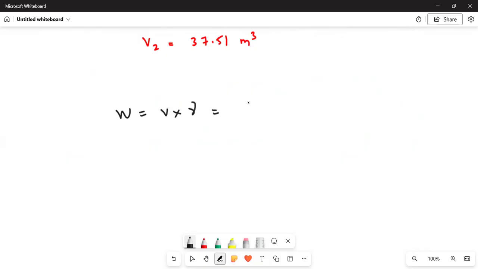The volume that you have gotten is 44.89, into density given in the problem, 7.85 if you write in kilonewton, which is equal to 352.40 kilonewton. So what weight is given in the problem? The weight given in the problem is 300 kilonewton. So whatever weight we are getting, it is more than that. So it is okay. We can proceed with the design. Weight should not be less than this. It should be more than this. Then and only you can proceed with the design.